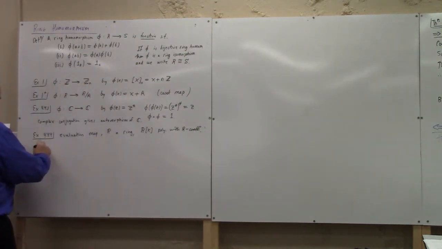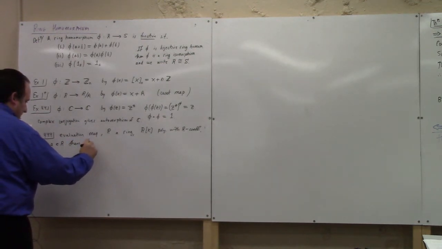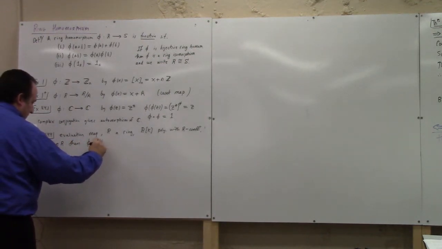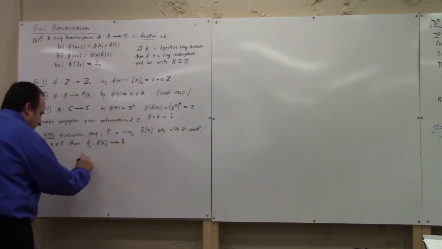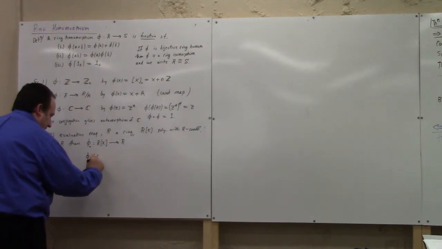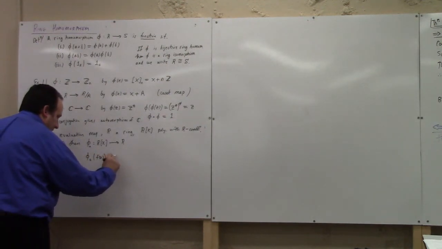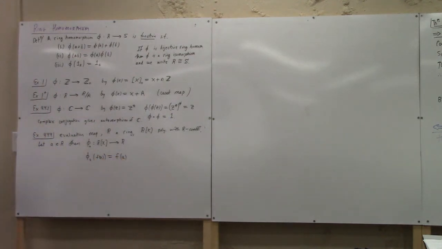Let A be an element of the ring. Then phi, we'll do a phi sub A this time, a mapping from the polynomials to the ring, is defined as such. Phi A of f of x is equal to f of A, with our usual meaning of evaluation, right?